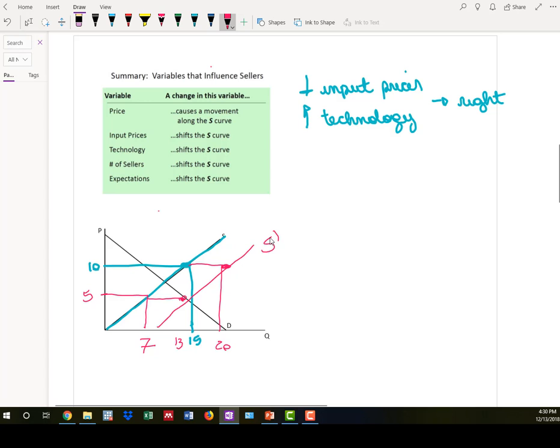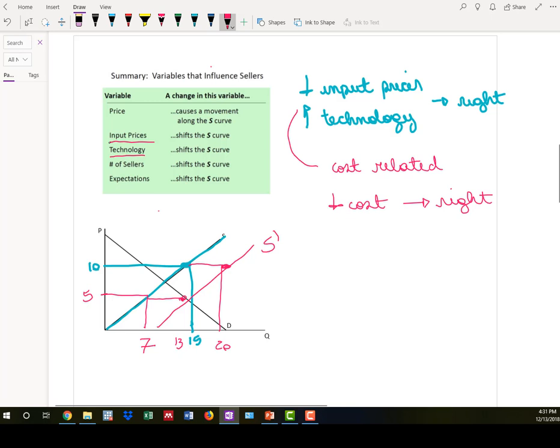So, both these determinants, input prices and technology, they are cost related. Anything that reduces costs would shift the supply curve to the right. For instance, a reduction in taxes, that will increase the supply curve. Or government subsidies that would shift the supply curve to the right.